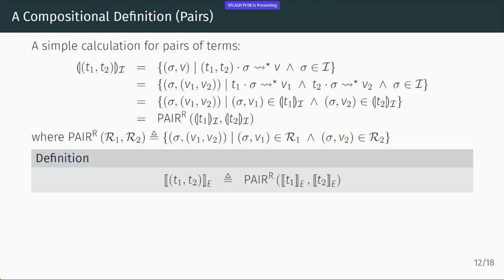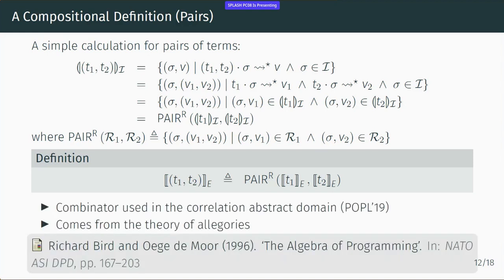So since this equation holds for the semantics, we just define the interpretation so that this is also true. Okay? And throughout the paper, we use the same methodology. So this combinator, pair R, you might have seen it in the Popper paper, where we used it already. And it actually comes from the theory of allegories that you may be familiar with.